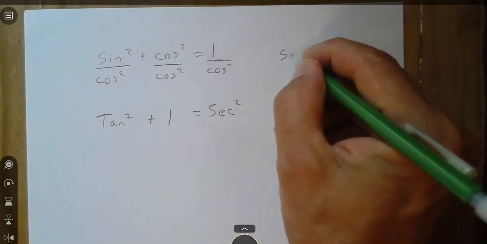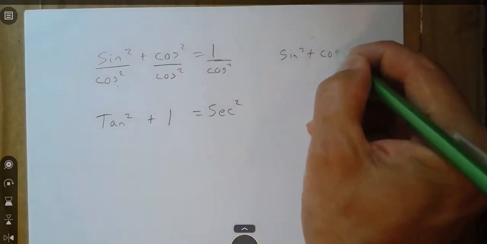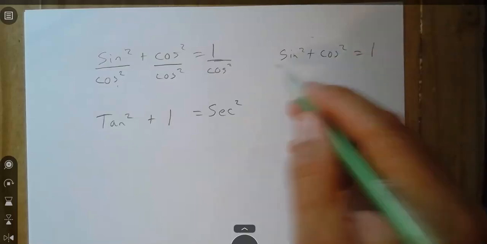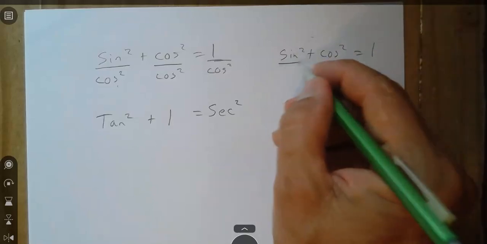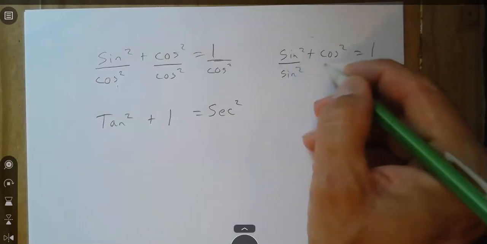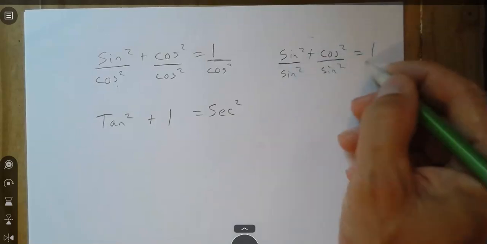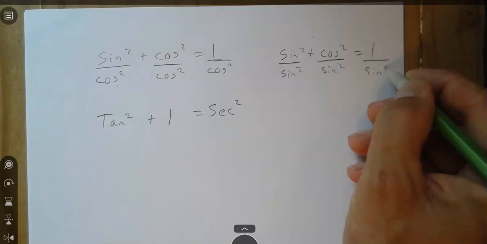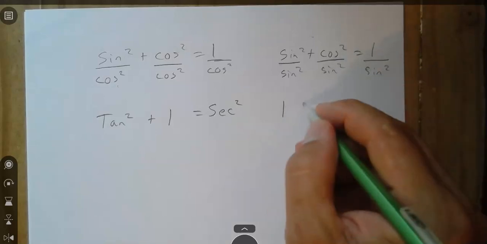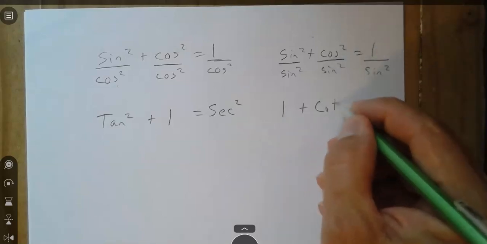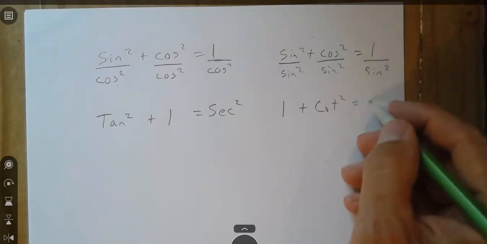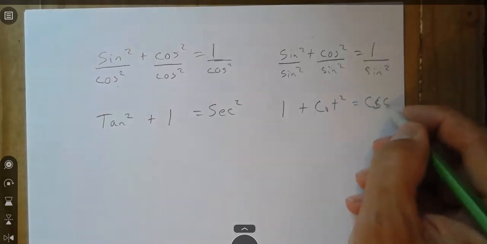Well, let's look at the other one. Sine squared plus cosine squared equals 1. That's our Pythagorean identity. What if I divide everything by sine squared? It keeps everything equal. Sine squared over sine squared is 1, cosine squared over sine squared is cotangent squared, and that equals cosecant squared.